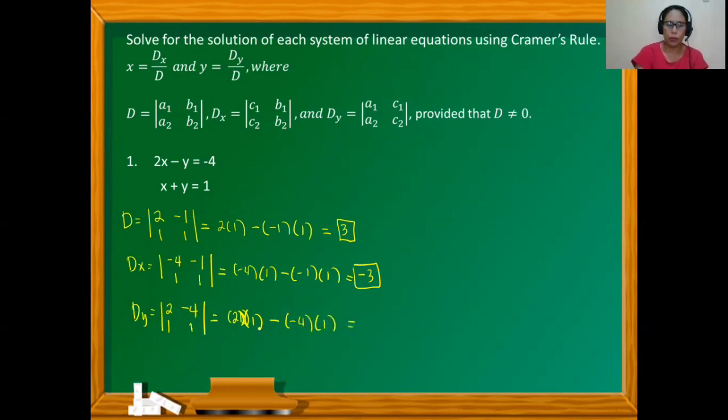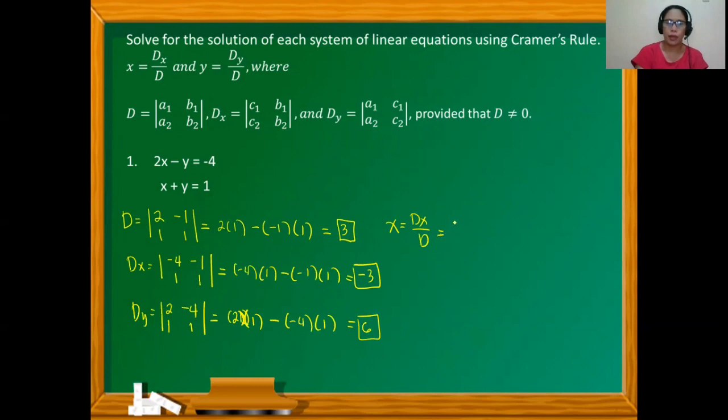So we have 2 minus negative 4, so this is 2 plus 4. So we have 6.